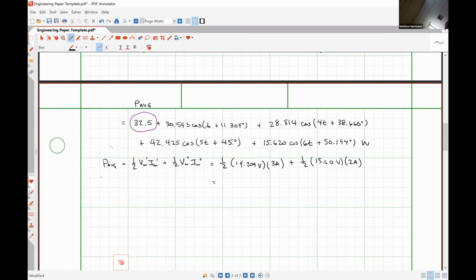Let's double check my math here. I'm getting something wildly different. Why am I getting something not correct?